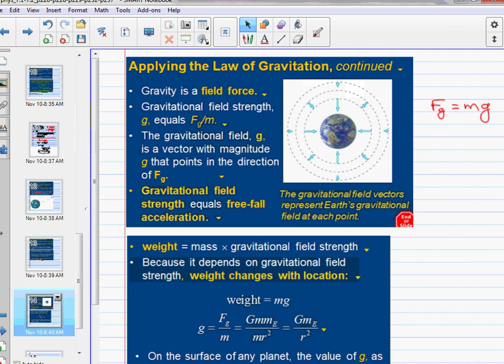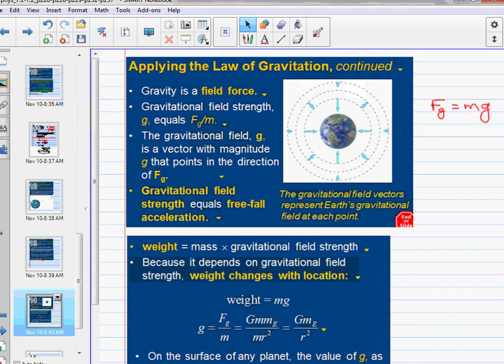The gravitational field g, the strength of the gravitational field here, these little arrows, as I'm closer to the Earth it's stronger, is a vector with magnitude g, pointing in the direction of the force due to gravity, toward the center of the Earth. The gravitational field strength equals free fall acceleration.